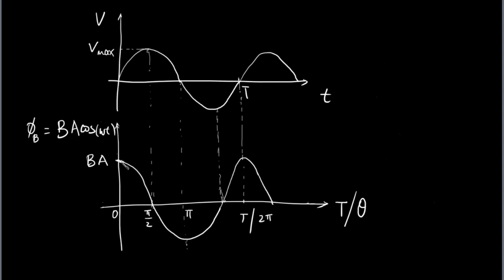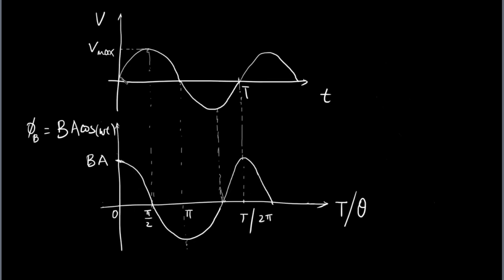As we know, EMF is minus d phi over dt. So this is opposite to, it's minus the derivative of this function.